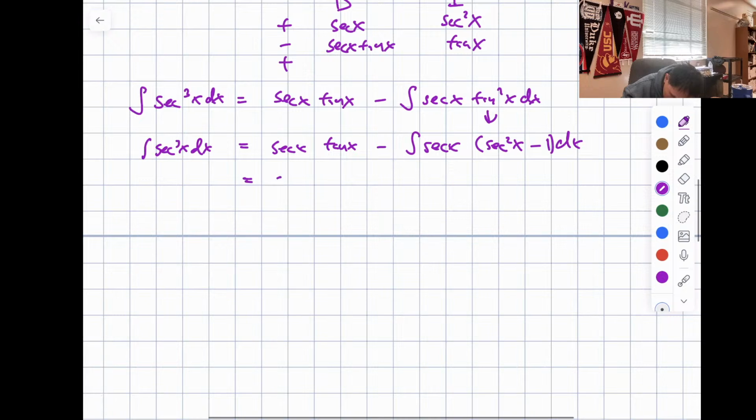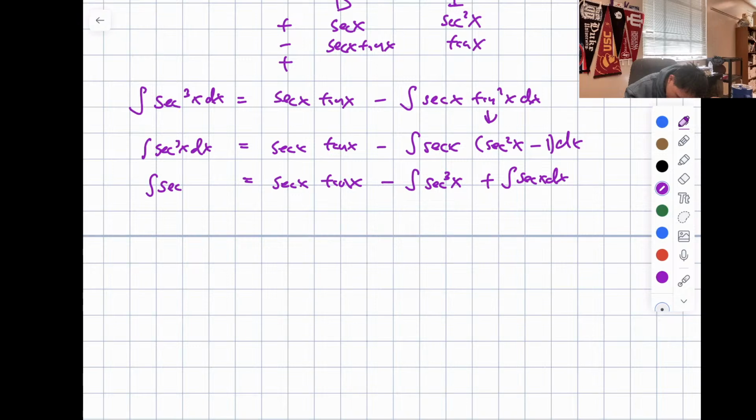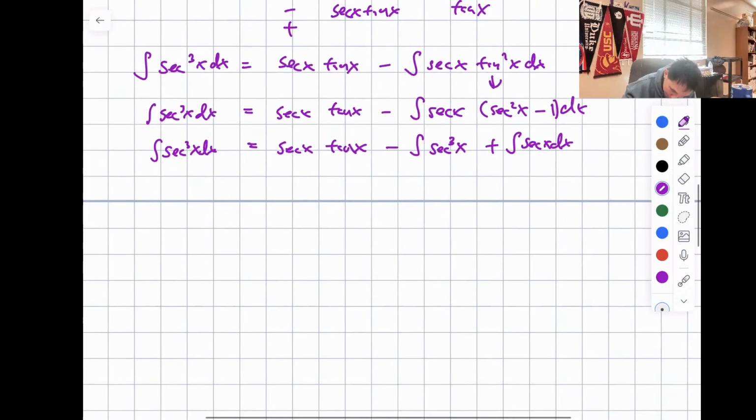And that's equal to, I'm just going to write down, minus integration of secant to the third x, plus integration of secant of x. So this is going to be 2 integration of secant to the third x dx. Do you see this?